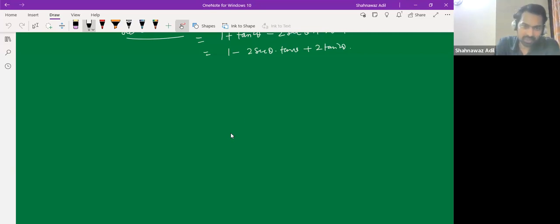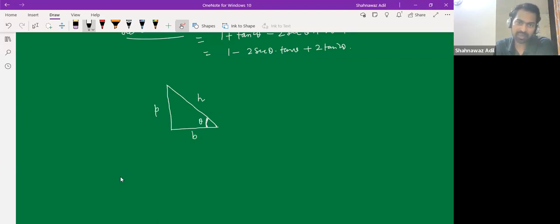Okay, so just remember that we have a right angle triangle. In a right angle triangle we have the hypotenuse, and if we take this angle, then this is the perpendicular and this is the base, right? So we have some trigonometric ratios which relate the angle with the sides. So sine theta is what, Amira? Perpendicular by hypotenuse.